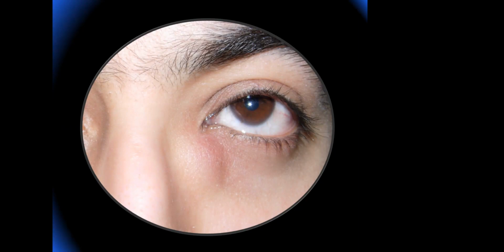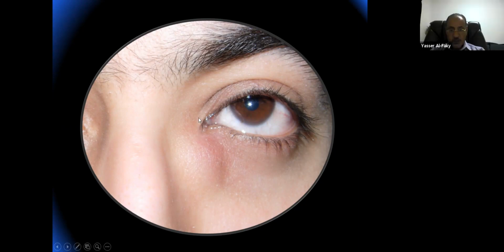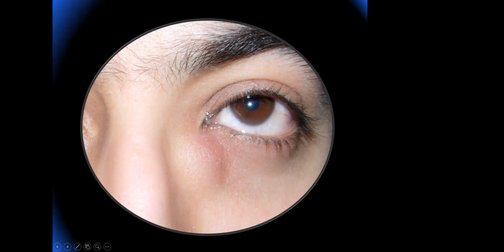I would ask in the history more about the mass, the onset, the progression. Is there any pain? Is there any bloody tears? Is there any previous trauma or any previous surgeries? What about the other eye? Is there any previous history of dacryocystitis? And those are the main things I would like to ask.